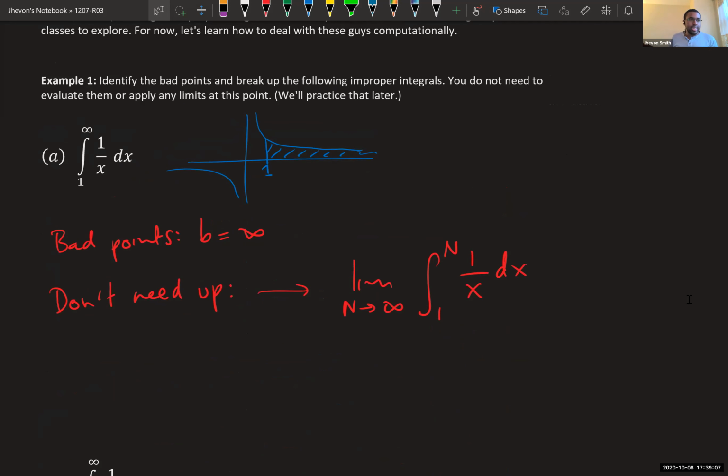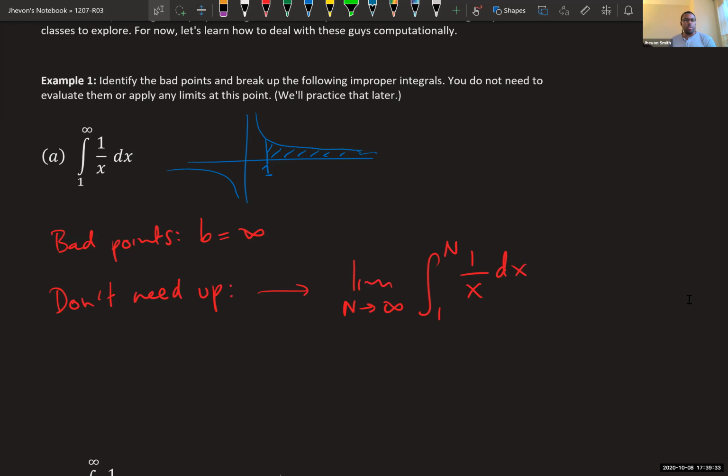So if you're looking at the integral from 1 to infinity of 1 over x dx, the possible issues are if I divide by 0, so if x is 0, that's bad. However, I'm on the interval from 1 onwards, so that's not an issue. However, the upper limit is infinity. So we have an interval of infinite length here, right? It's kind of like you want to find the area under the curve starting at 1 to forever.